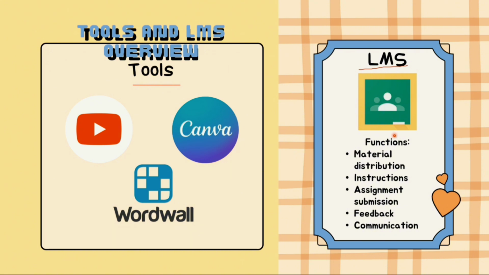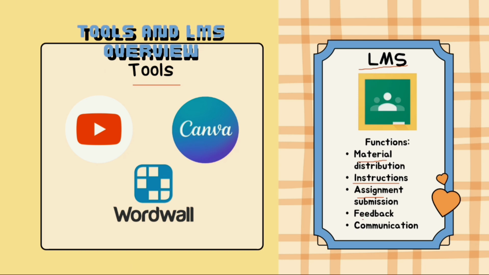The LMS used is Google Classroom. Google Classroom serves several important functions. First, it is used for material distribution, allowing students to access learning resources anytime. Second, it provides clear instructions for classroom activities and assignments. Third, students can submit their work directly to the platform.